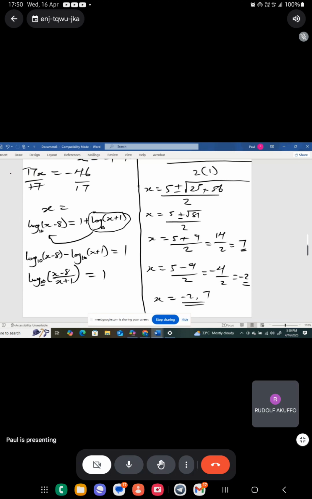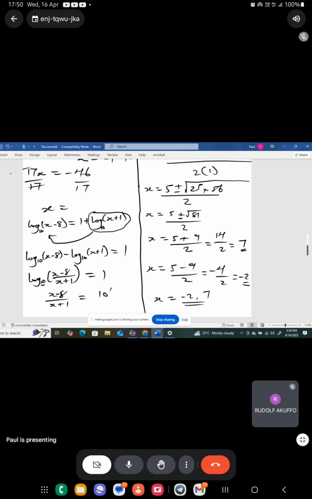So the 10 here, what do we do? We send it to where the 1 is, since it is the anti-log. So we get x minus 8 divided by x plus 1 being equal to 10 to the power 1, and we do what we call cross multiplication.